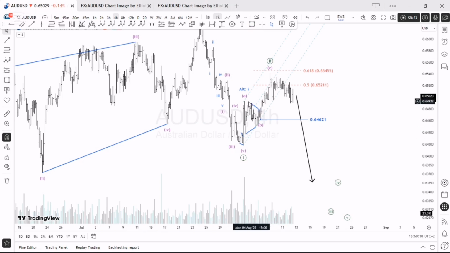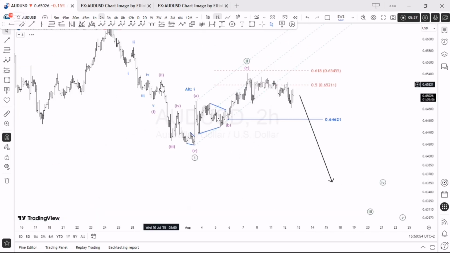So I believe that we now have an ABC complete, and then we should be looking to push lower in this case. Of course, this might be one of them right here, given that we have a possible wave 1, and then maybe wave 2 here, and then wave 3 as, say, an expanding diagonal sub wave 1.